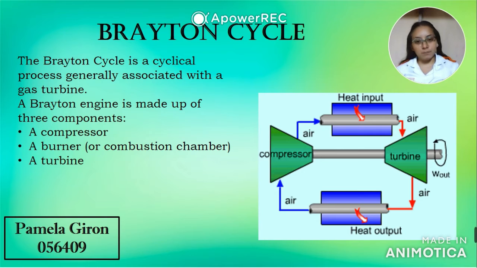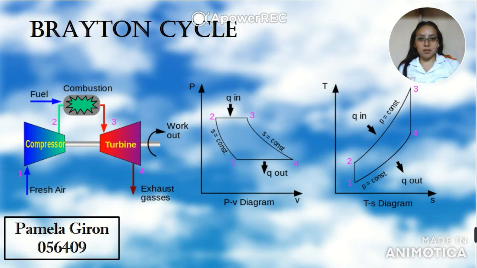The process of the Brayton cycle is as follows. Admission: cool air at atmospheric pressure enters the turbine mouth. Compression: the air is compressed and directed towards the combustion chamber by means of a compressor driven by the turbine.